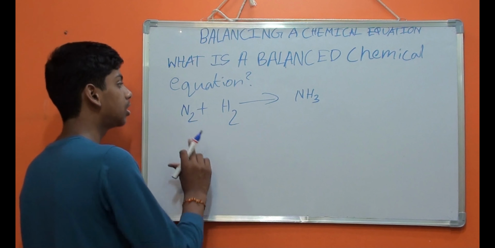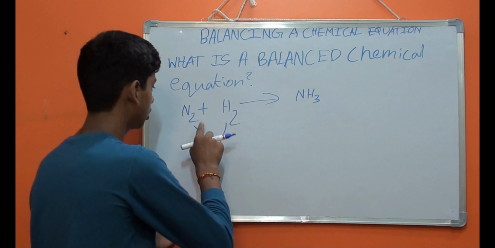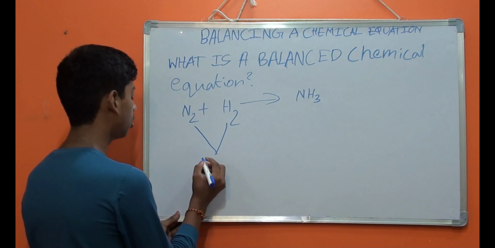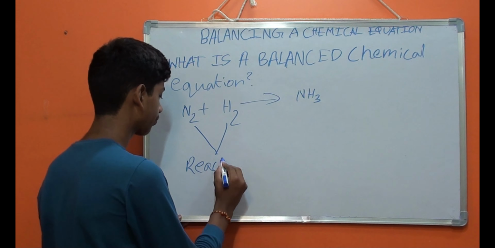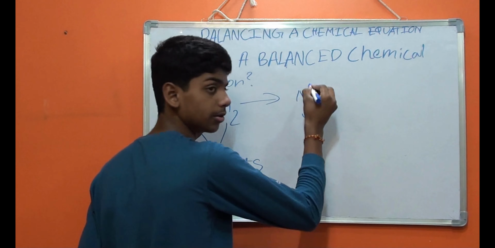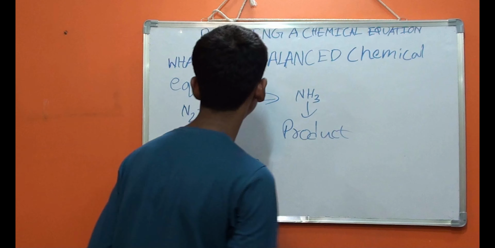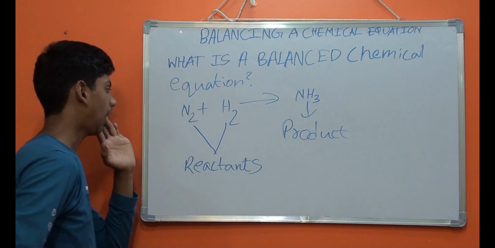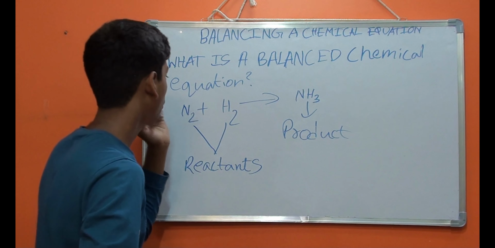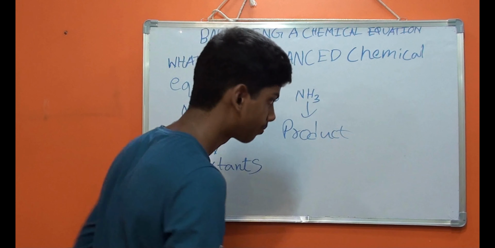So here these two parts are known as reactants, and this part is called product. So now we read the equation as nitrogen combines with hydrogen to form NH3.